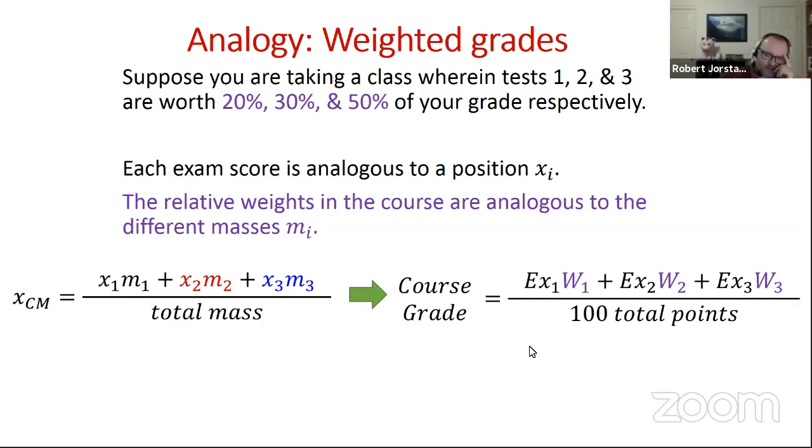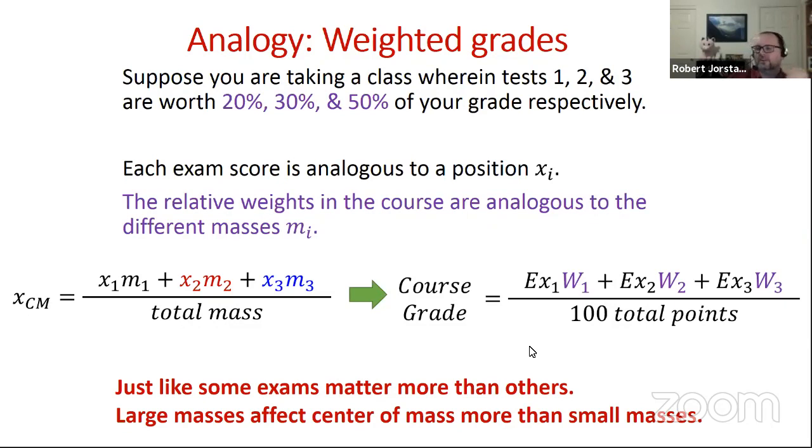The course grade would look something like that, perhaps. And you can see it looks somewhat similar. Just like some exams matter more than others, large masses affect the center of mass more than small masses. So hopefully that makes some sense. The final exam matters more to your grade than a midterm sometimes, just like the big mass matters more than the small mass. That's it.